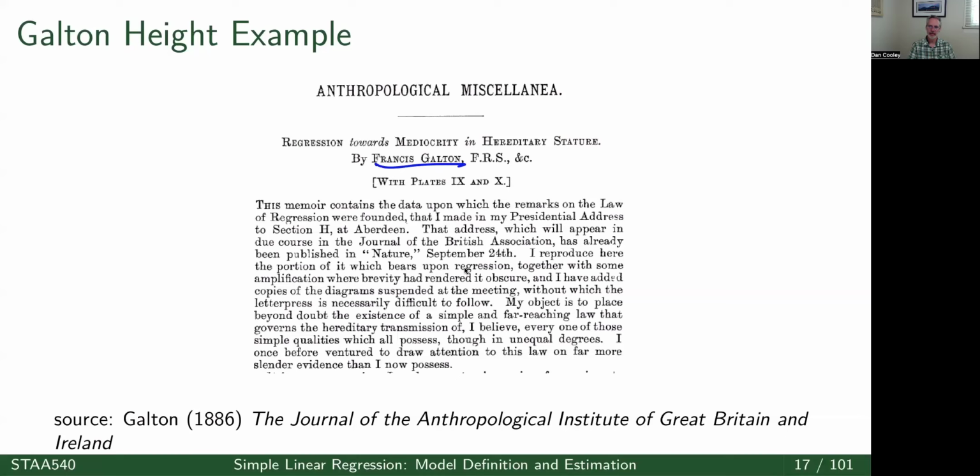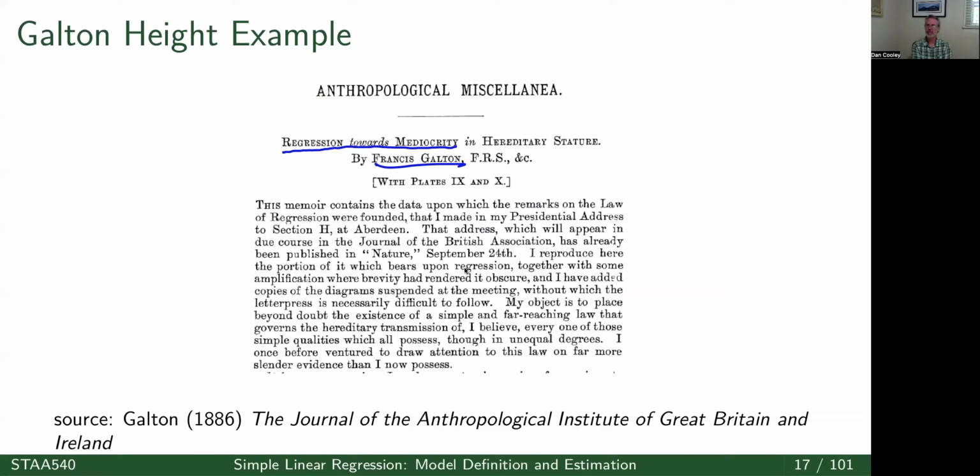Now, I did not meet Sir Francis. He doesn't seem to be a very positive guy, because you notice that the title of his article here, his manuscript, is Regression Toward Mediocrity. So that's kind of a negative connotation.